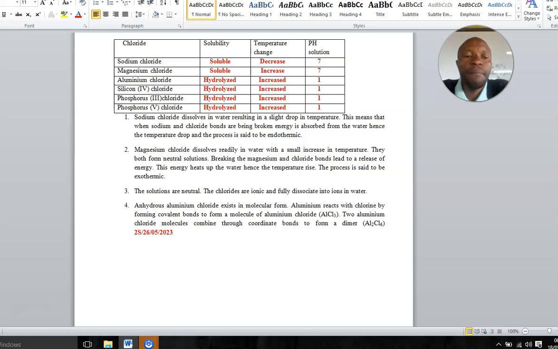It's only sodium chloride that absorbs energy when it's dissolving. So the rest are substances that generate heat once they dissolve in water. So I think that is the much you can talk about the trend of chlorides across that period.